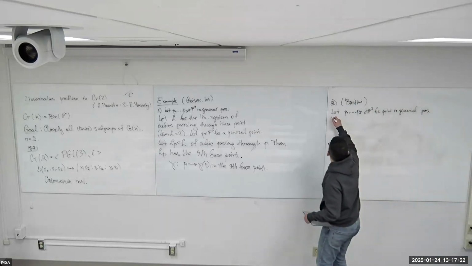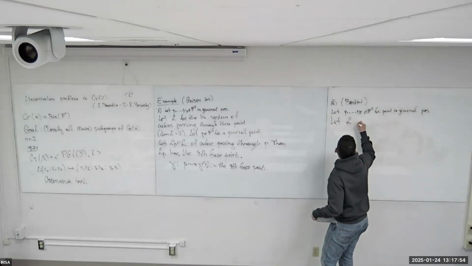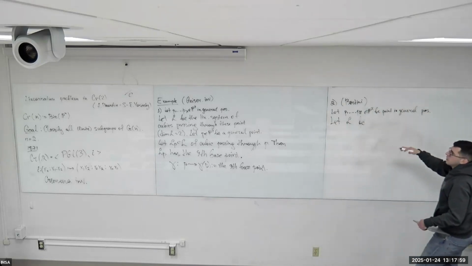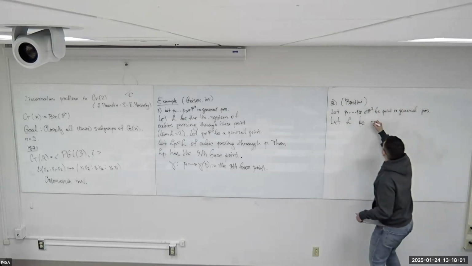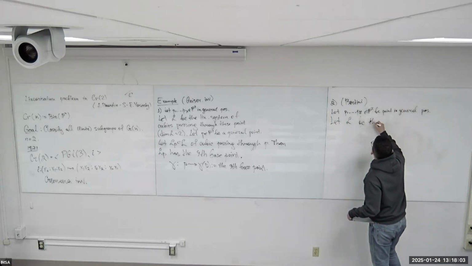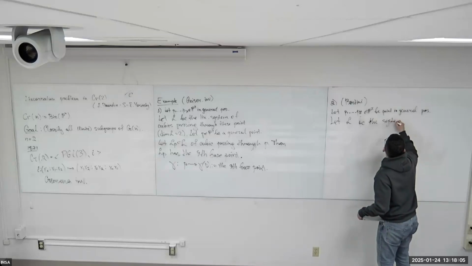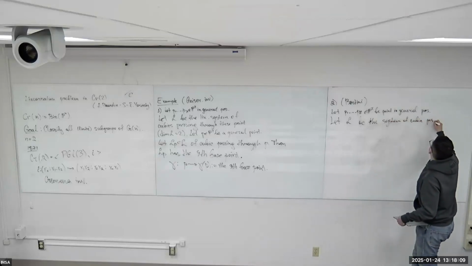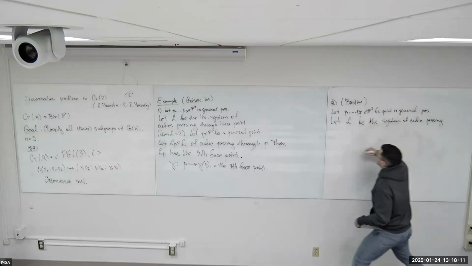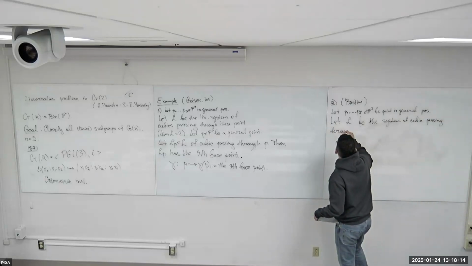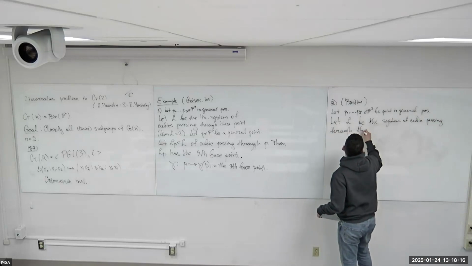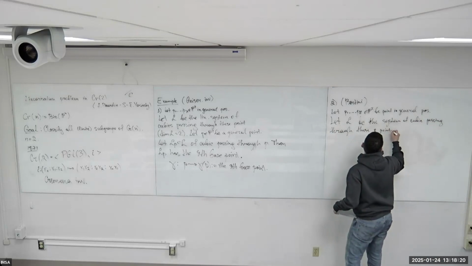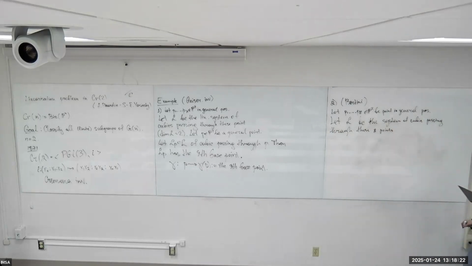And then let L be, again, the system of cubics passing through all these 8 points. Okay?